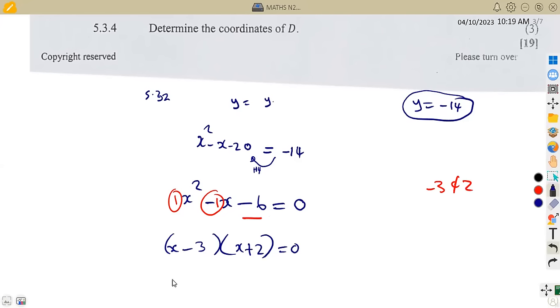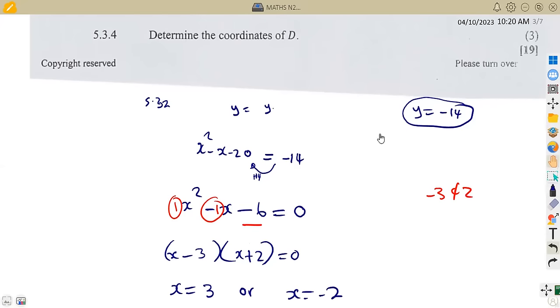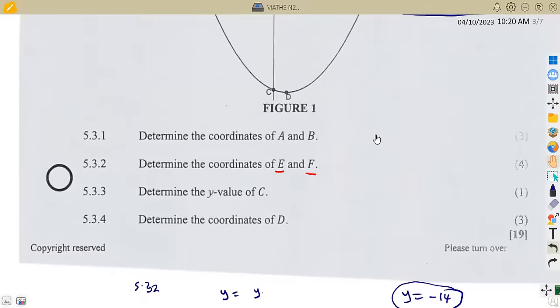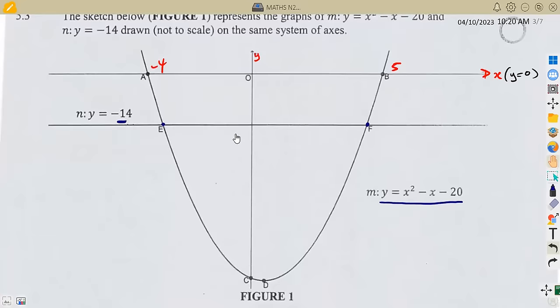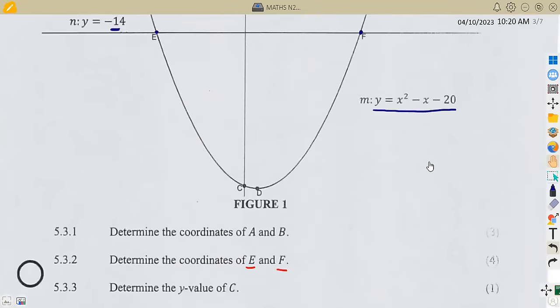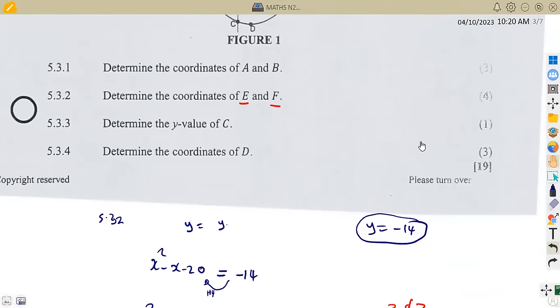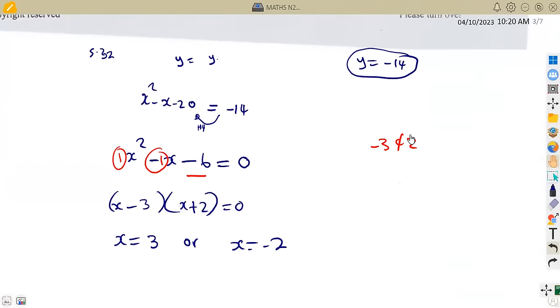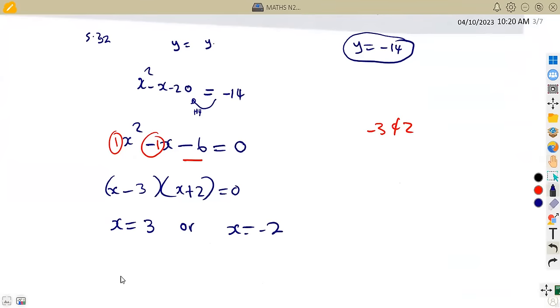So equate each of the brackets to 0 just like previously. x is going to be 3 or x is going to be minus 2. So which one is our negative 3? Which one is a positive 3? So if you check on our points here, E is the one that is on the negative side. So that's a negative. F is on the positive side. So therefore, our E in this case is going to be at negative 2.